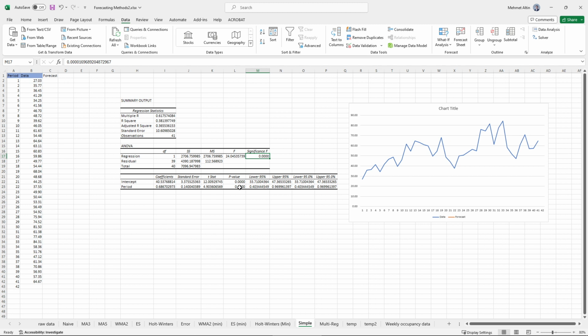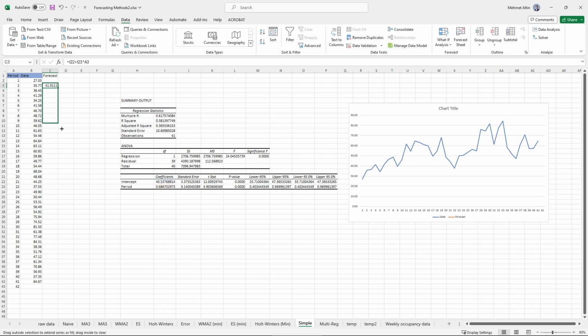Both are also significant. Now, how are we going to calculate the forecast? We go here, we enter equals, intercept plus the period coefficient, which is the independent variable's coefficient, times period. That's what it gives.